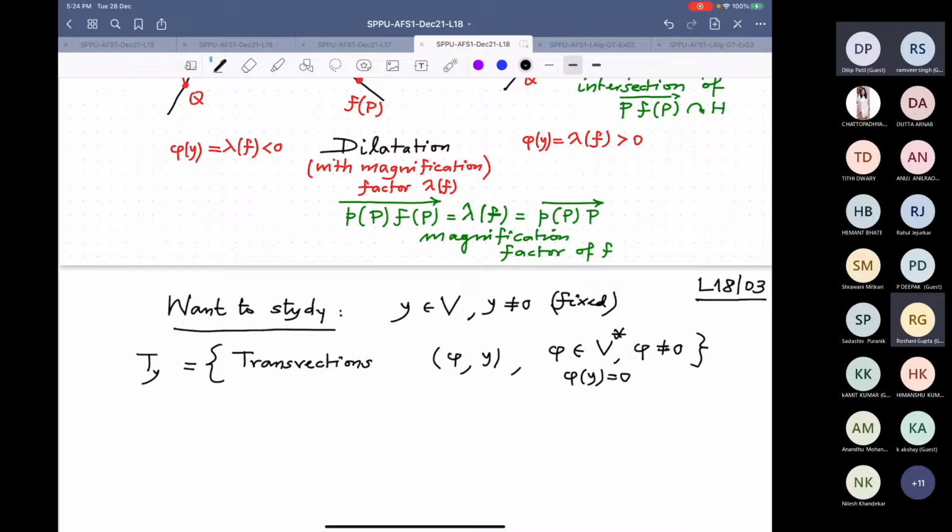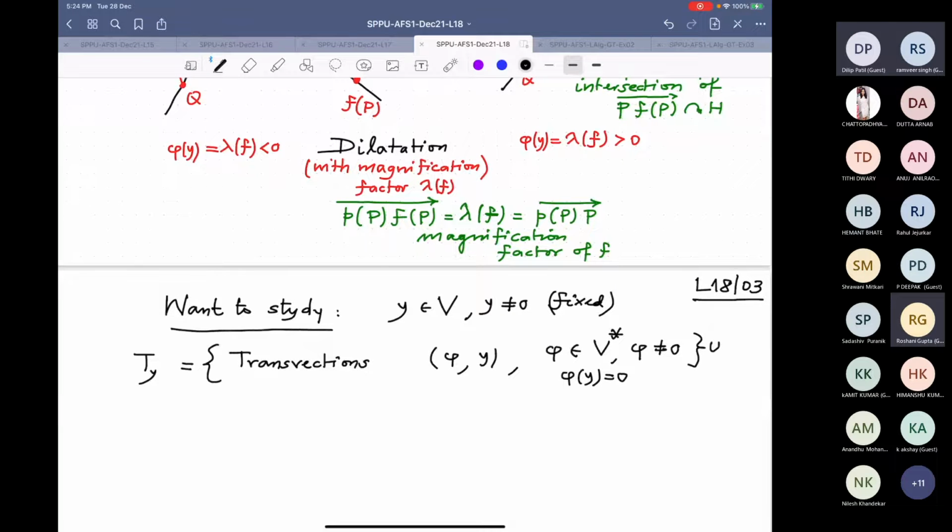And obviously the identity is not there. See, this transvection set will not contain identity. So I take the union with the identity map. Therefore, I got hold of this Ty.